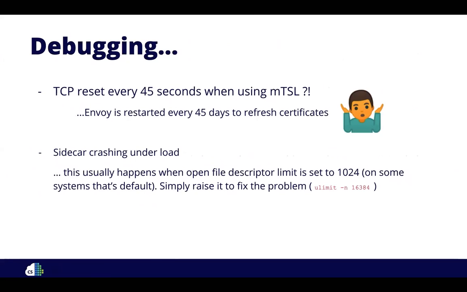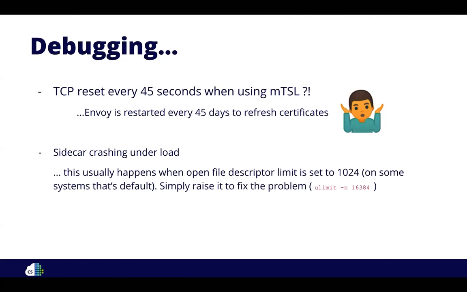Another funny issue, which is really funny, but really annoying sometimes. You may end up in a situation where every 45 seconds your TCP connections will be killed, and that happens only when you are using MTLS.